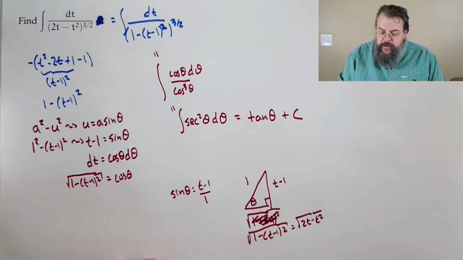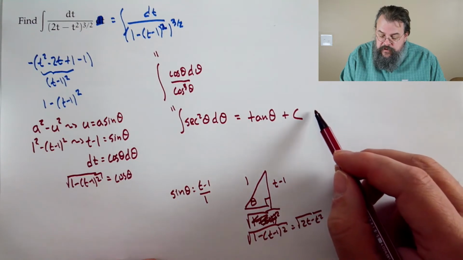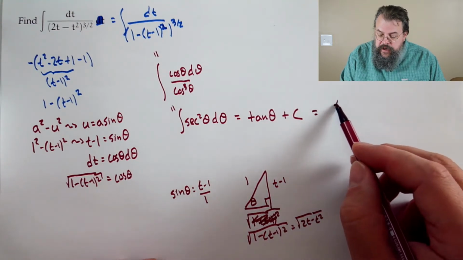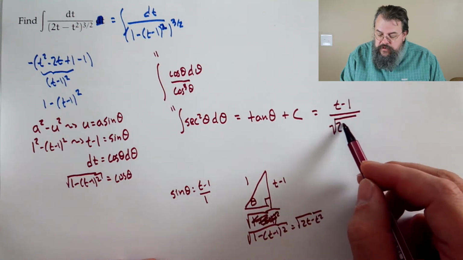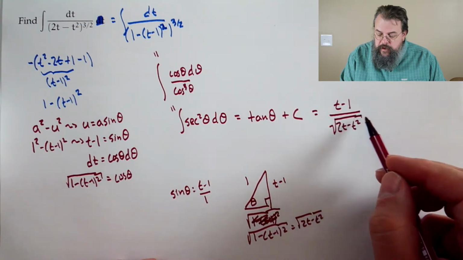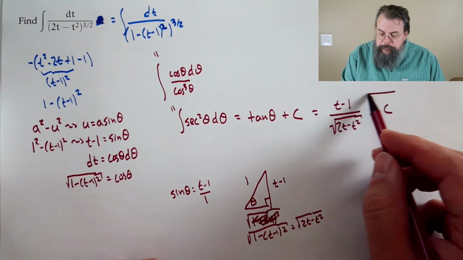And now we're almost done, right? So what do we see? Well, we're going to take tangent is opposite over adjacent. So opposite over adjacent will give us our t minus 1 over the square root of 2t minus t squared. And that will be plus c.